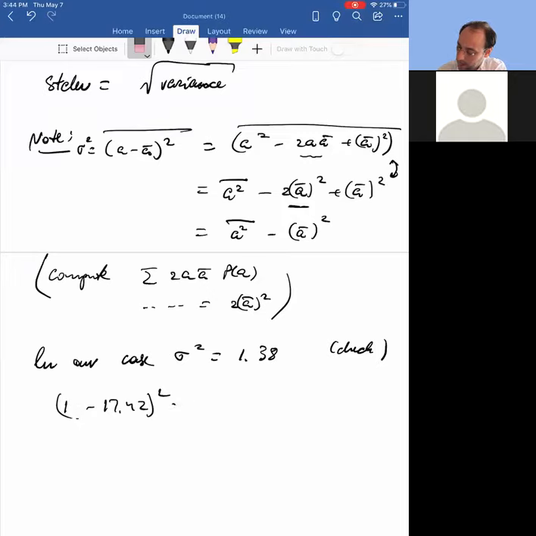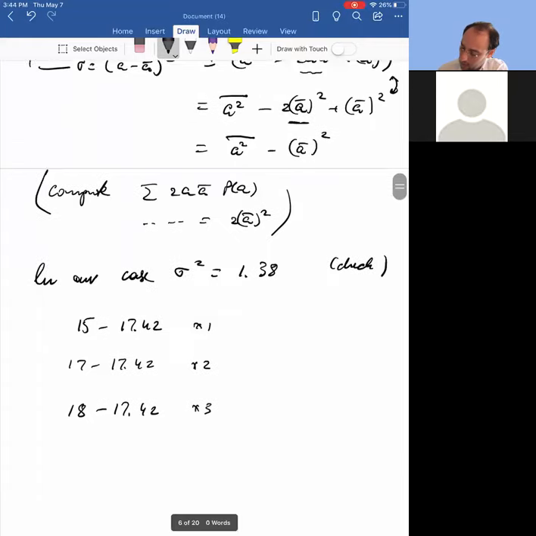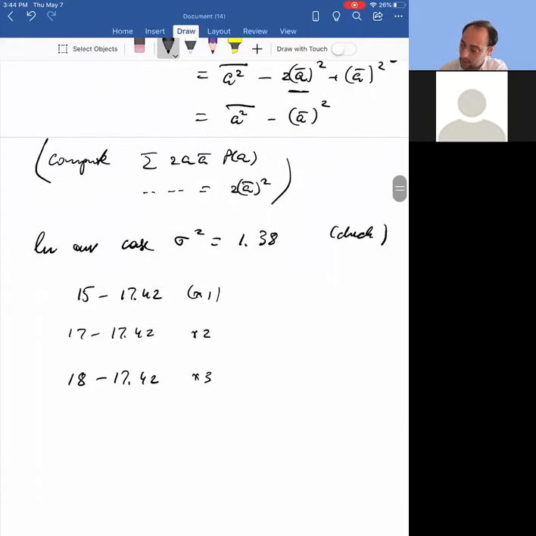Well, it's the average of all these deviations. So what are the deviations? You have 15 minus 17.42, you have 17 minus 17.42. This is times 1, this is times 2, then you have 18 minus 17.42, that's times 3. There are 3 of those, so you don't get confused, I will just say this.